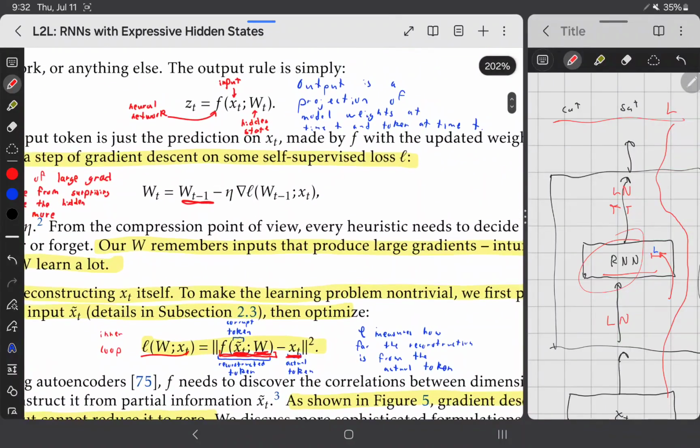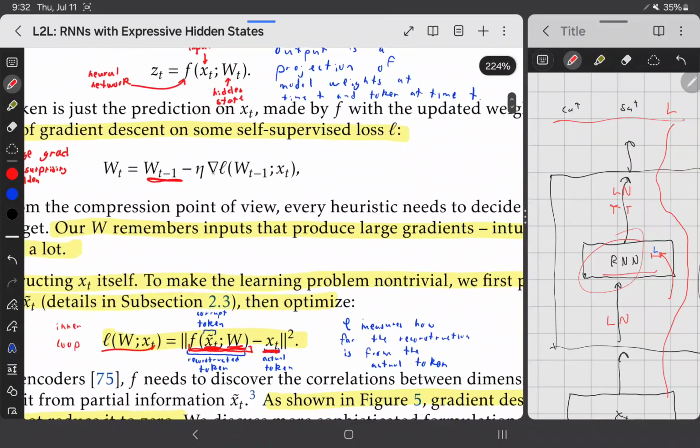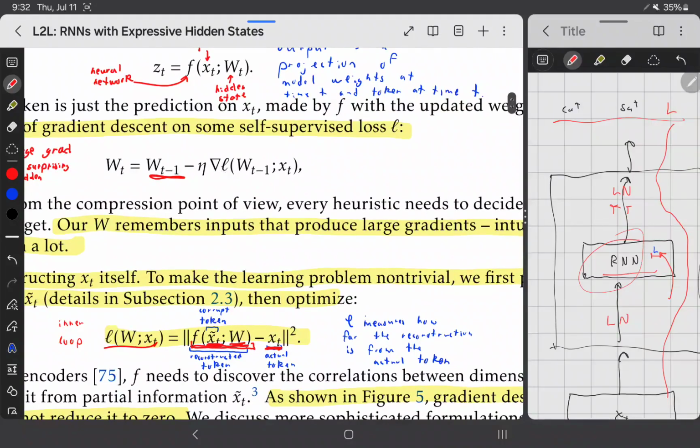It's weird at first, but it makes a lot of sense when we look at this. The task is a reconstruction loss, and we're taking the gradient of the reconstruction loss with respect to the weights, or rather with respect to the hidden state.